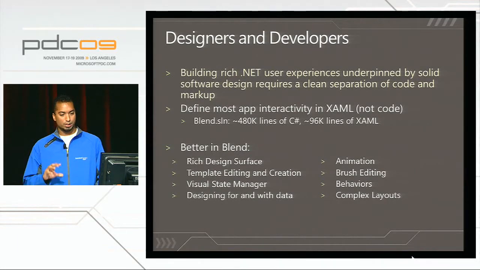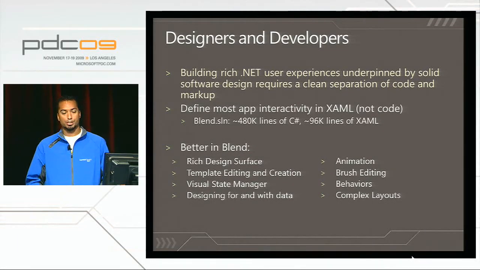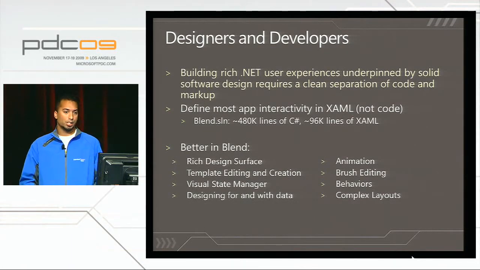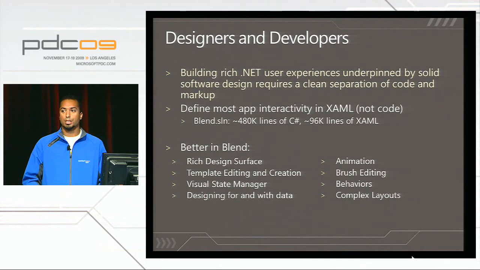If you open Blend's solution itself, it's a large managed application. It's written mostly in C#. There are some unmanaged components as well. But we have just under 500,000 lines of C# code, not including test code, and almost 100K lines of XAML. Depending upon how you want to count it, probably about half the XAML comes from system themes and other imported pieces.